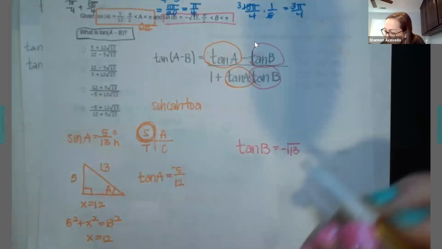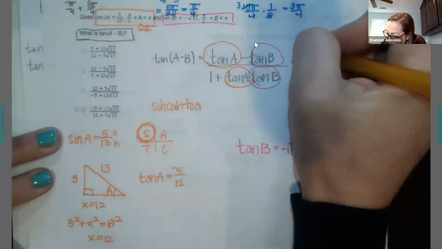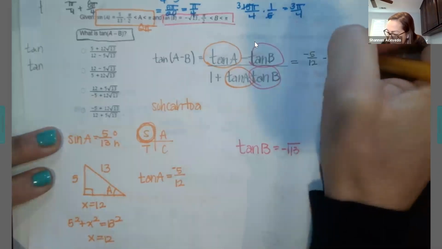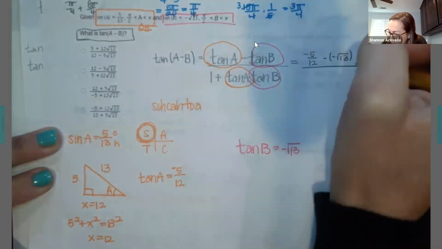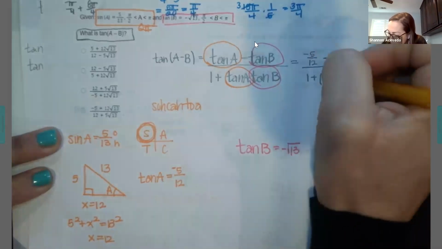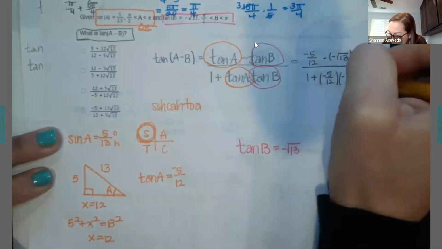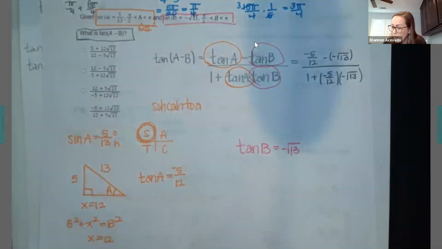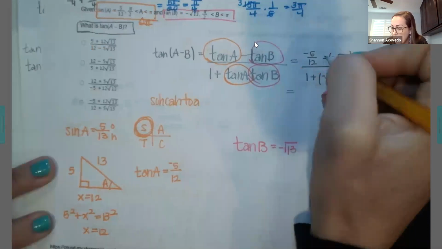All I need to do is plug everything I know in. So it's going to be negative 5/12 minus a negative square root of 13, all over 1 plus negative 5/12 times a negative square root of 13. A negative and a negative is going to make that a positive.